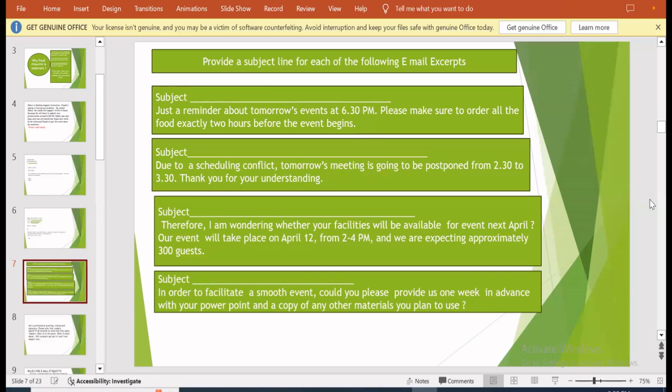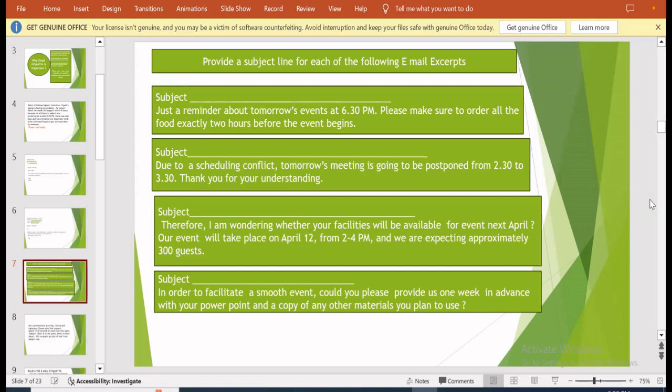It may be postponement of the meeting, or rescheduling of the meeting. Here, tomorrow's meeting is going to be postponed from 2:30 to 3:30. That means the postponement of the meeting.